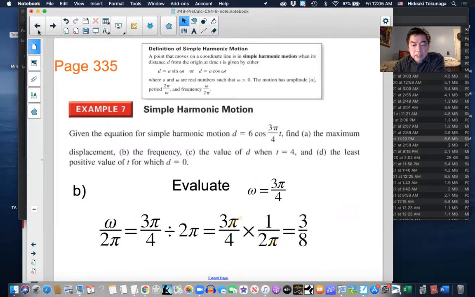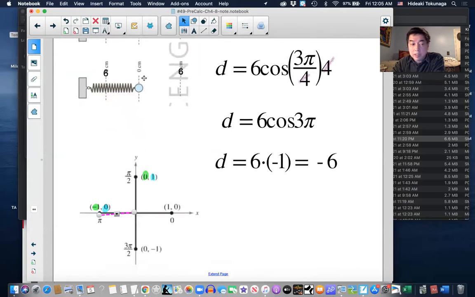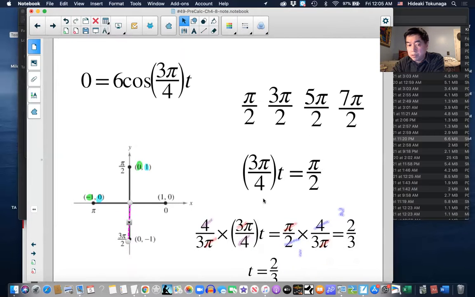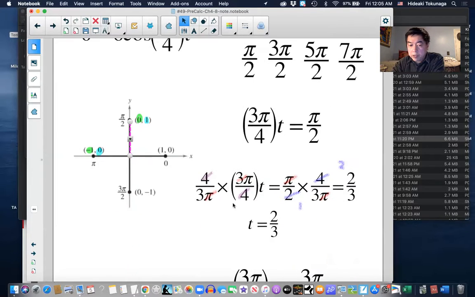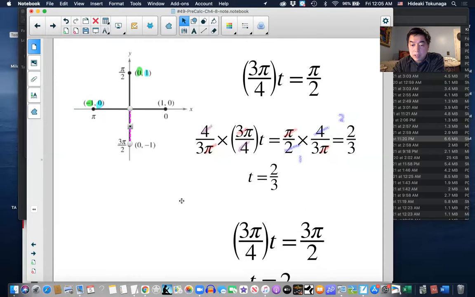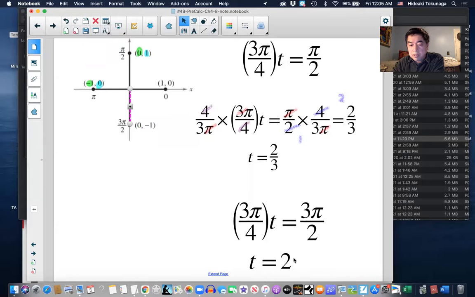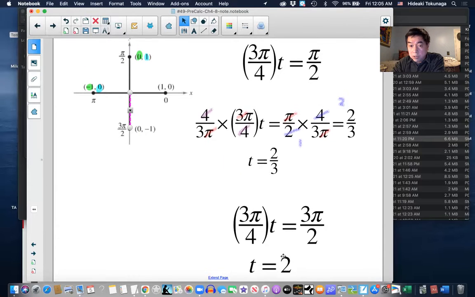What they asked is the least positive value. So I just did two equations here. One equation is pi over 2, which is right here. The other equation was 3 pi over 2, which is here. So if you plug in those values, 3 pi over 2 is when t equals 2.